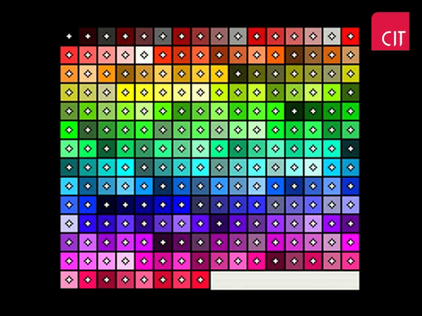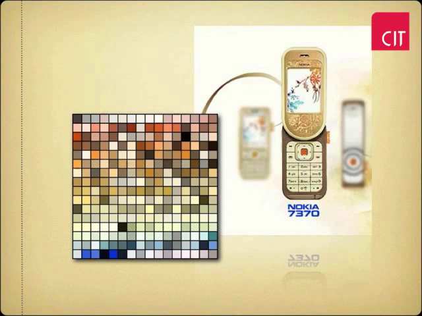This was a palette of 216 colors that was guaranteed to be available to all browsers on all platforms. This was way back when many people had monitors that could only display 256 different colors at a time. There are very few of those monitors left now. Mind you though, lots of portable devices like phones and PDAs have limited displays. So you might need to know about palettes if you're working with those devices.